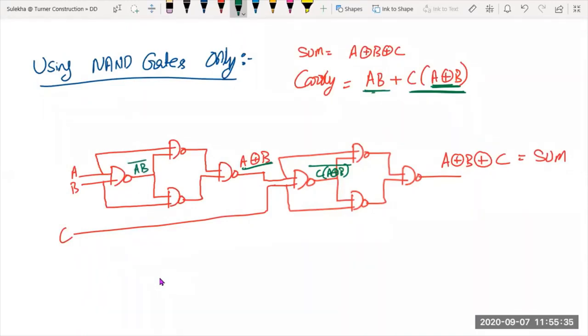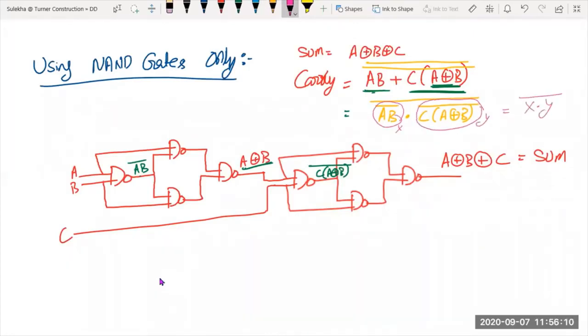So from here, you realize that you are getting AB complement. Okay, so if you want to realize this carry with the same circuit, you will take the double complement of that one. So if you take the double complement of that one and break that inner complement, you will get AB bar dot C A XOR B bar, whole bar. So if I take this one as X and this one as Y, this is nothing but the NAND operation between X and Y. Okay, so I already have X from here, this is my X, and I already have Y from here, this is my Y. So I need to take one more NAND gate.